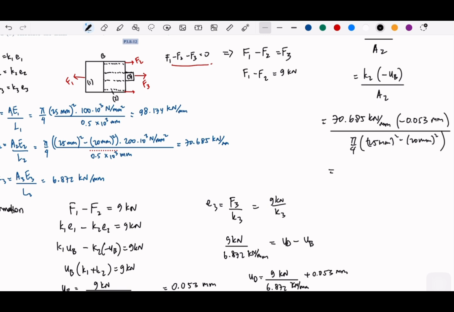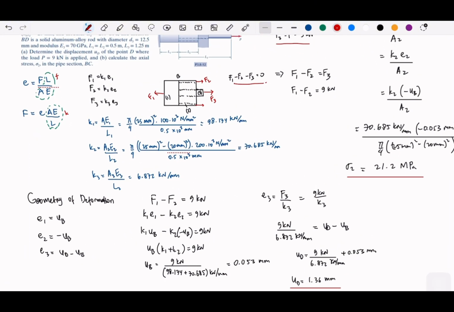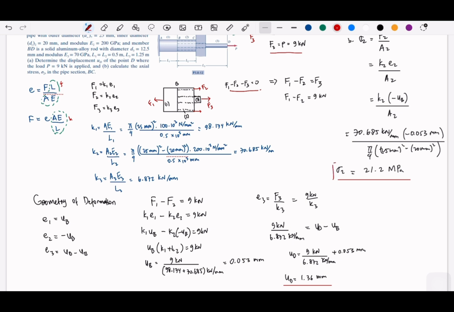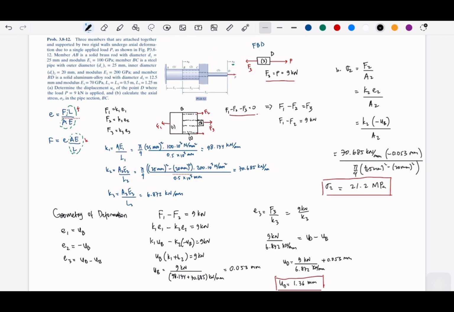And this will be around 21.2 megapascal. Maybe the number will be a little bit different if you compute, but I think it is still similar, so I think it is okay. So we have already answered all the questions on this problem.